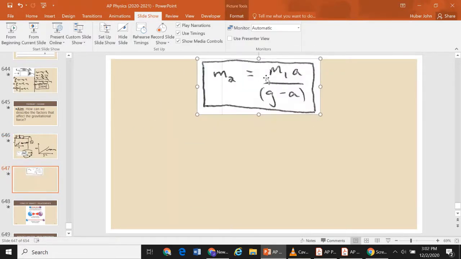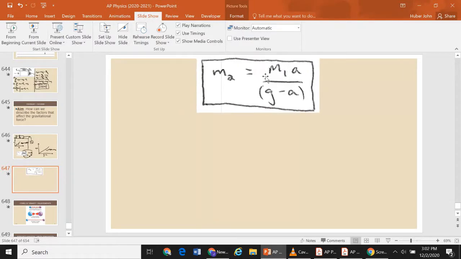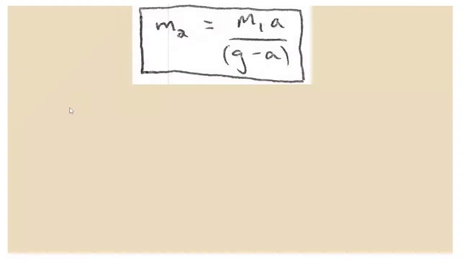Now, looking at the equation here, we can see that the value that we measure in our experiment for M2 is going to be based on M1 and A. G is a constant, so that's not going to change.